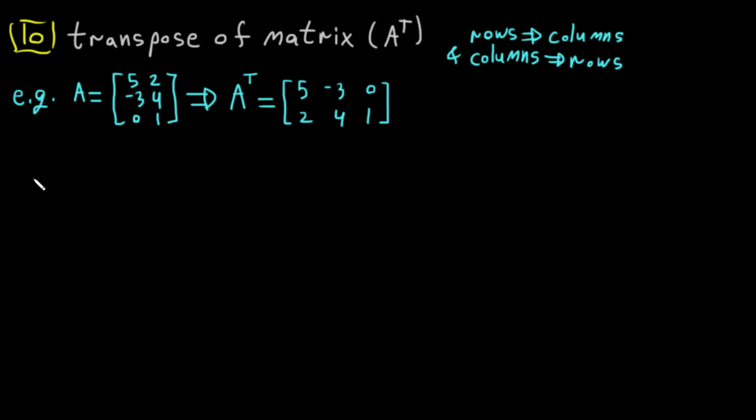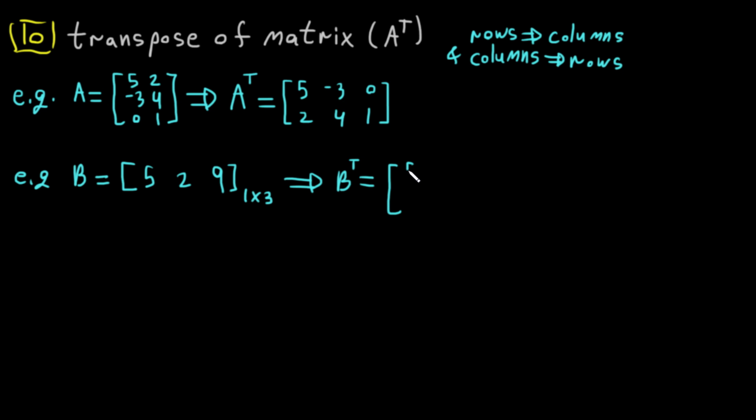Another example, B equal, I'll put a simple example here, 5, 2, 9. This is 1 by 3, because it is 1 row by 3 columns. B transpose, we have to swap this row to become a column, so it will be like this: 5, 2, 9.